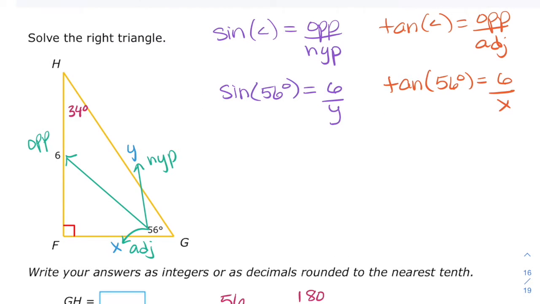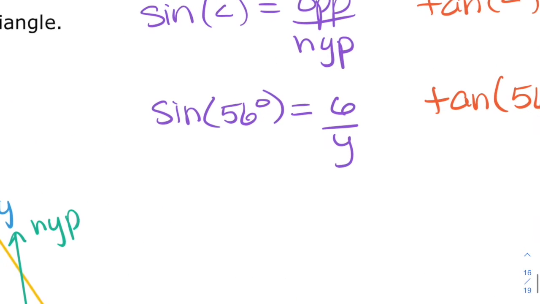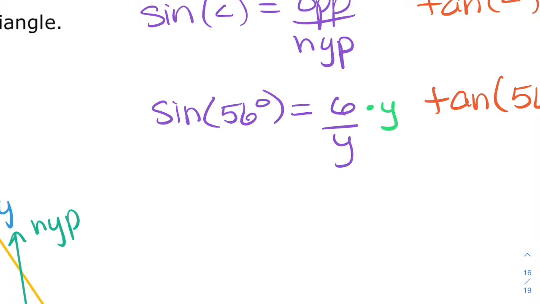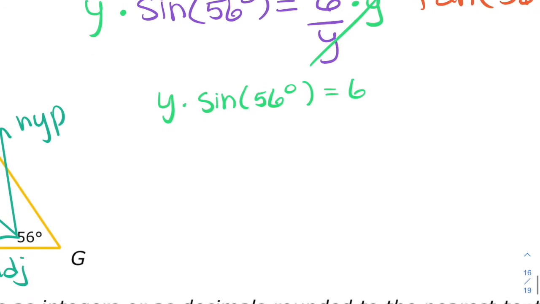Okay. Now I'm going to have to solve both of these. So the first one, sine, I'll solve this one first. I'm going to multiply by y and multiply by y. Let me use a different color. I'll use this one. There we go. Multiply by y, multiply by y. And that gets me y times sine of 56 degrees equals 6. And I'm going to divide both sides by the sine of 56 degrees.